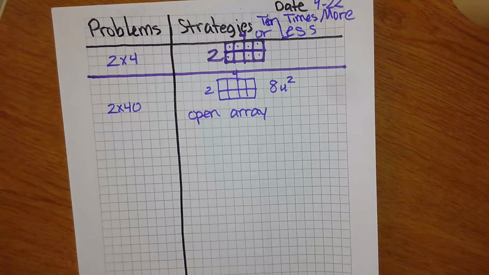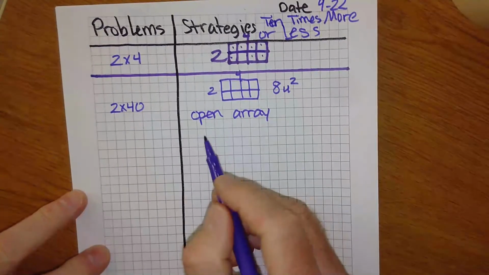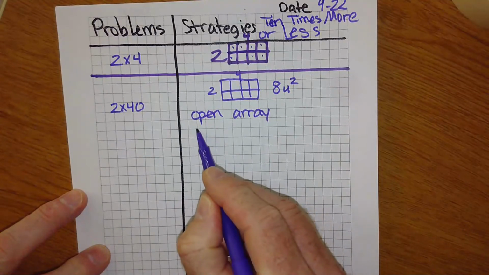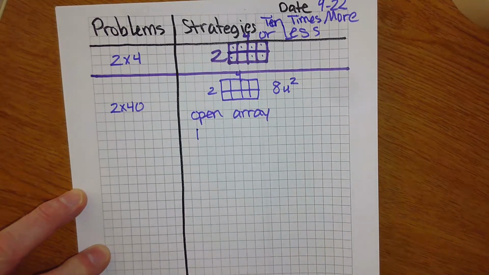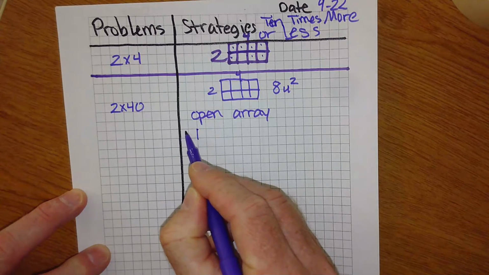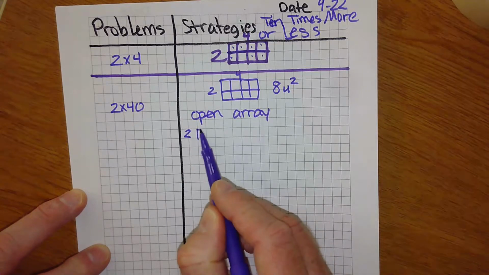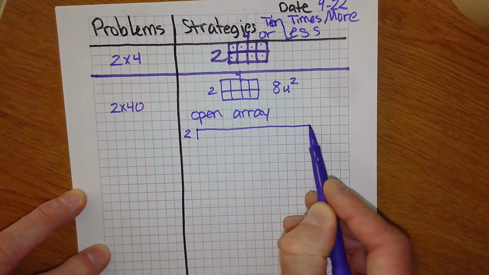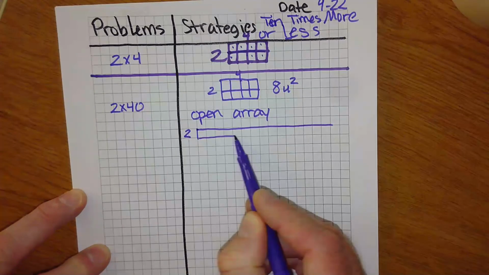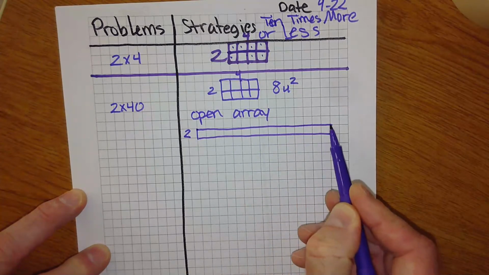No rows and columns. It's just going to be a rectangle. So we're going to put a side of our rectangle here, and then we'll put our first number, which is 2, and we're going to imagine that there's 2 rows. Then I'm just going to fill in my long rectangle, and I'm going to make it longer because you have to visualize more columns.